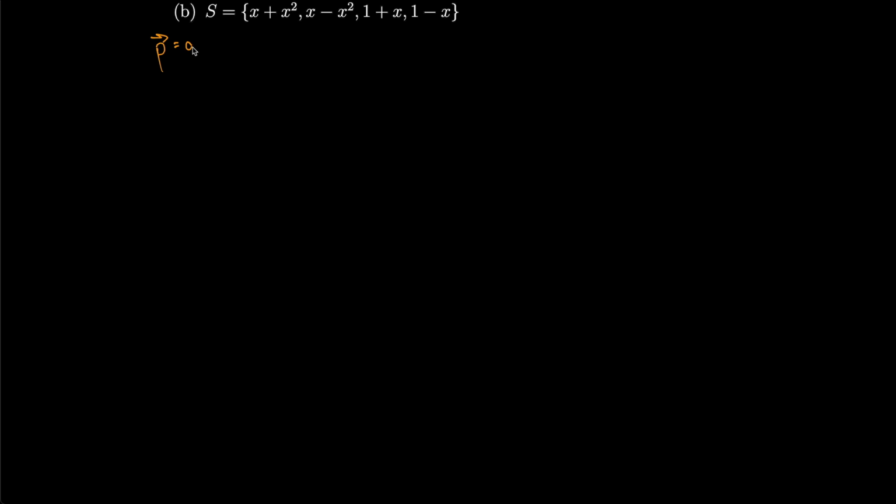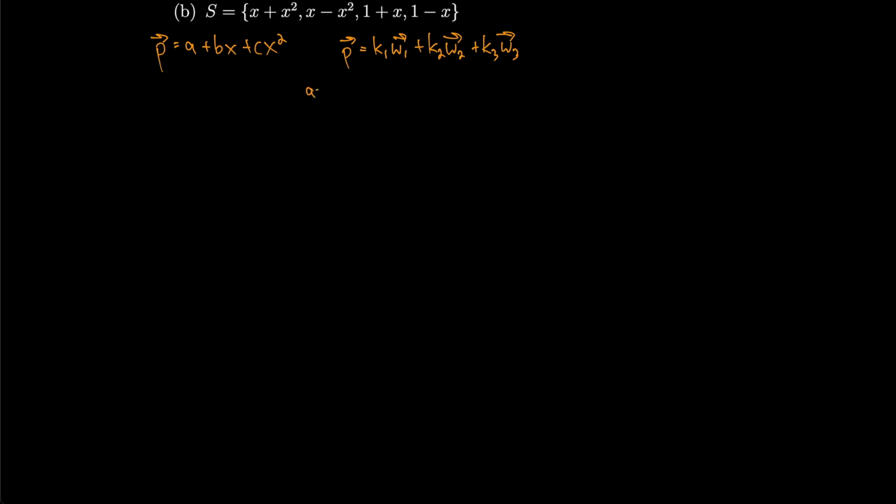So we'll say p equals a plus bx plus cx squared. And we'll assume that p has to equal k1 w1 plus k2 w2 plus k3 w3 if this set actually does span P2.